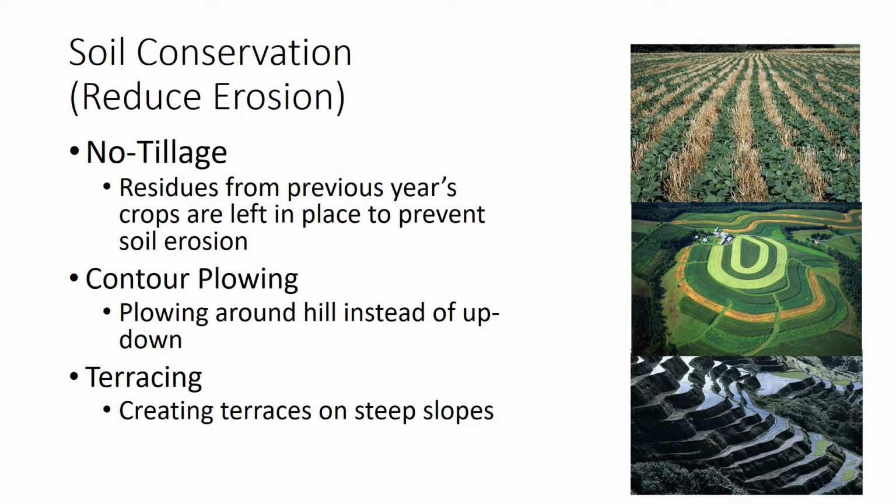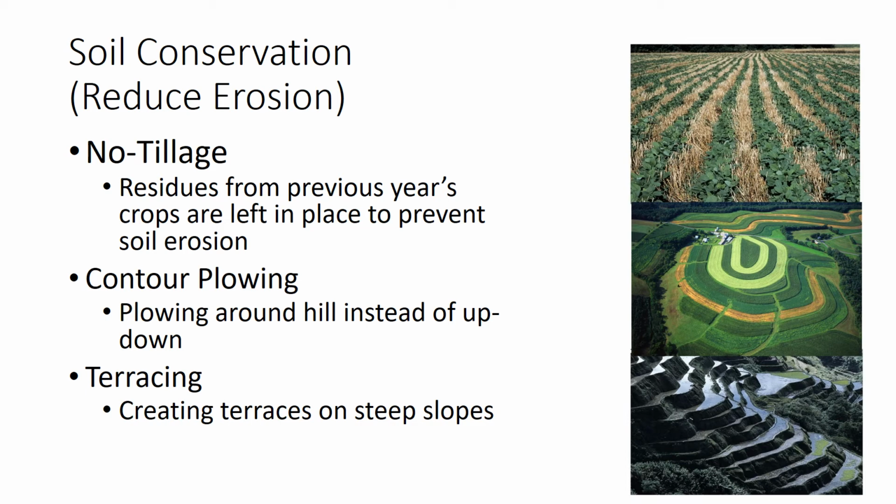And so basically, you leave the residue from previous years in place, and what that does is it makes a cover for that soil, and it can prevent erosion. It also leaves the root systems in place, and so the soil is still locked into place with those root systems instead of tilling them up and disturbing those root systems.